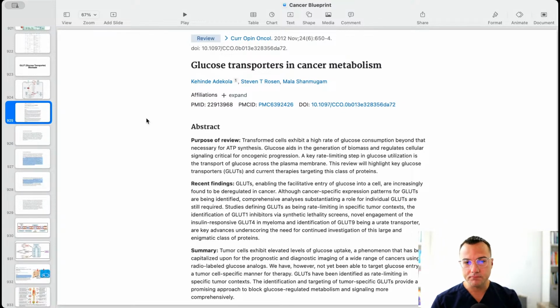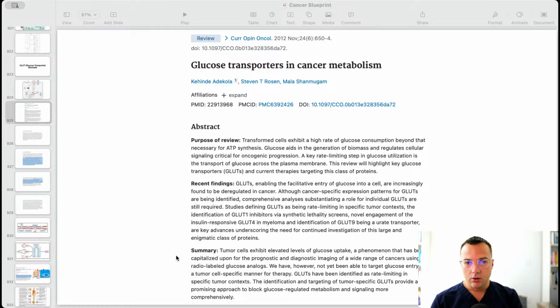Tumor cells exhibit elevated levels of glucose uptake, a phenomenon that has been capitalized upon for prognostic and diagnostic imaging, aka PET scans, imaging of a wide range of cancers using radio-labeled glucose analogs.